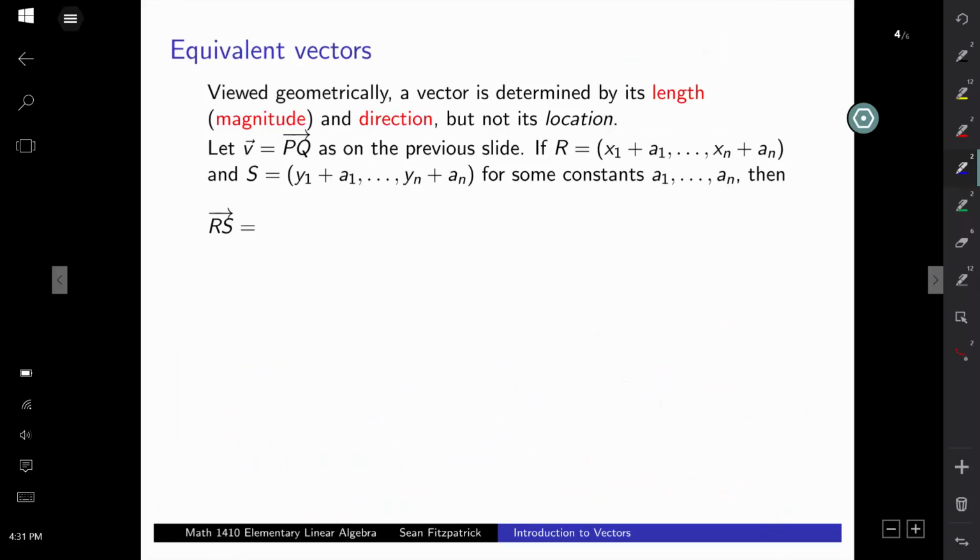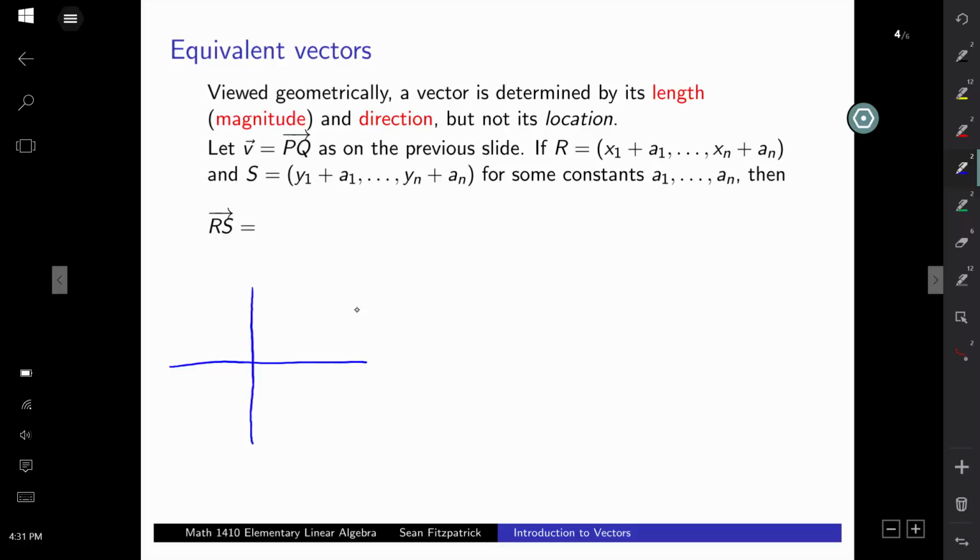Okay, so one of the things that you want to keep in mind when you're working with vectors, and one of the conventions that we take, is that if we think of a vector as a geometric object, as something that's characterized by magnitude and direction, then we would say any two vectors that have the same magnitude and same direction should be viewed as the same vector, regardless of how we draw them in our coordinate system.